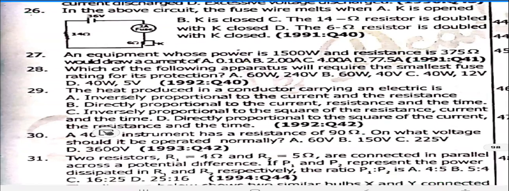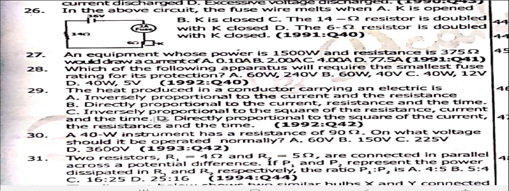Calculation. 29. The heat produced in a conductor carrying an electric current is inversely proportional to the current and the resistance. Remember, power equals IV.